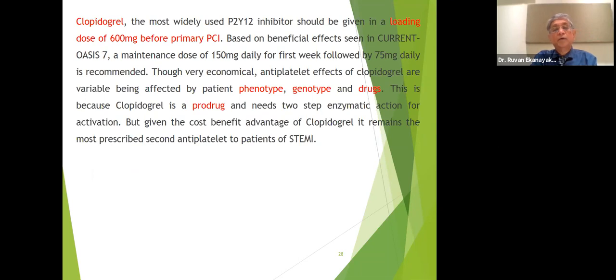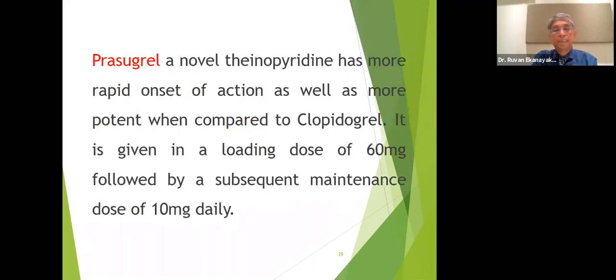Clopidogrel is the most widely used P2Y12 inhibitor, and we give it in a loading dose of 600 milligrams. It is a prodrug, and the activity of clopidogrel depends on the phenotype, genotype, and the other co-administered drugs. In this country, we have demonstrated that about 40% are partially resistant to clopidogrel because of the genetic makeup.